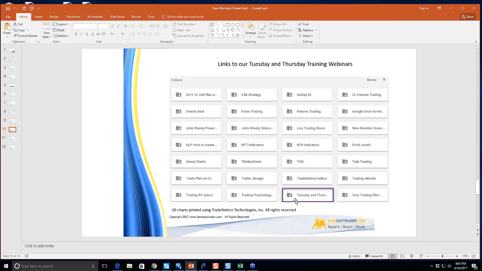We have one folder, what is known as the Tuesday and Thursday folder. So when you click on that, there is an Excel sheet that has a link of all the webinars that we have created and put on our Google Drive in regards to our Tuesday and Thursday training session.